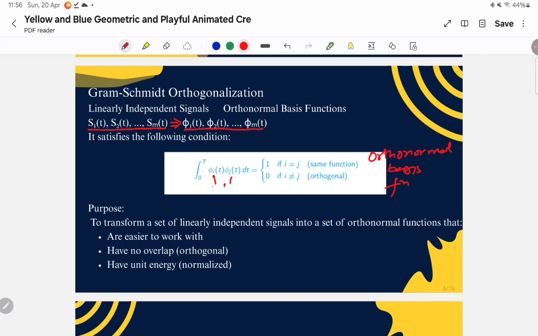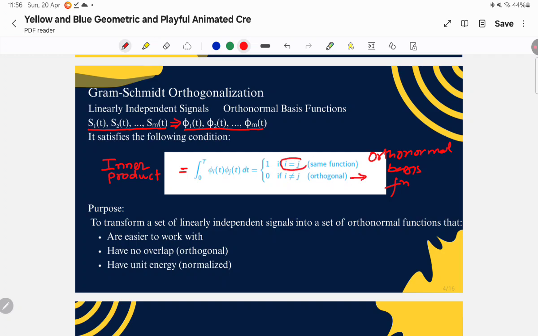If i and j are different, then different basis. So the multiplication of different basis is 0. You can say this is the inner product, better to call it inner product. If the inner product is 0, then we will say phi i and phi j are orthogonal.